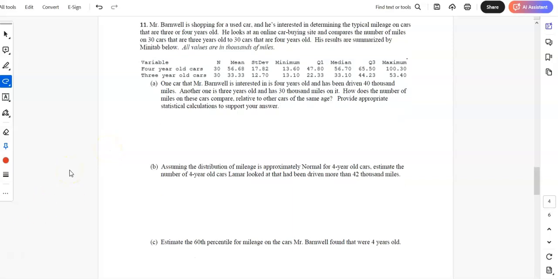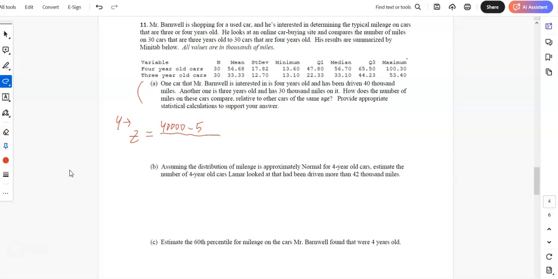So we're comparing, in this one, two folks, like one is the 4-year-old car. So for the 4-year-old car, the z-score would be, so it has 40,000 miles. So the value is 40,000 minus the mean of the 4-year-old car is 56.68.